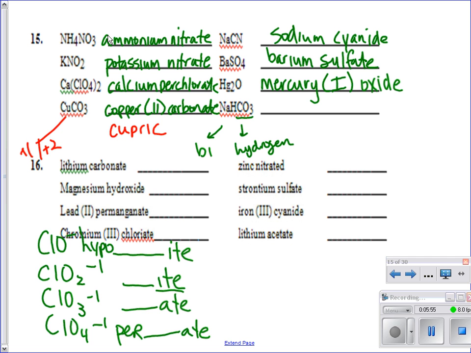So carbonate originally being -2, when you put a +1 on it, becomes -1, hence leading to needing only 1 sodium. So what would this be called then? Sodium bicarbonate, also known in the real world as what? Baking soda. Or sodium hydrogen carbonate. You can call it that as well.